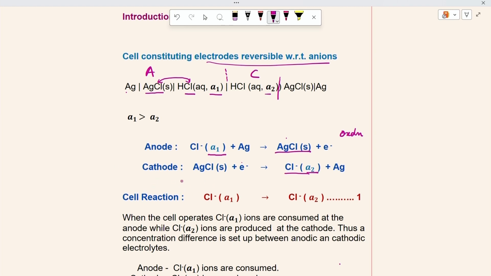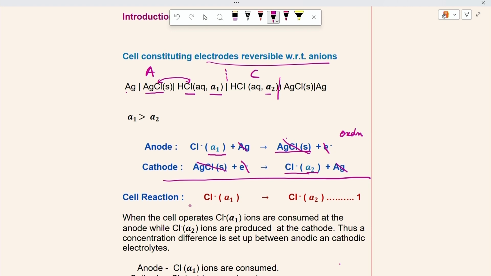Now, the overall cell reaction will be, you can cancel the same terms on both sides. Here we have Ag, this Ag is cancelled, then AgCl solid and electrons on both sides.